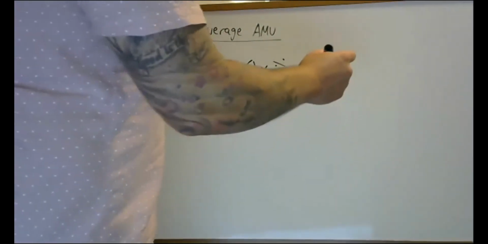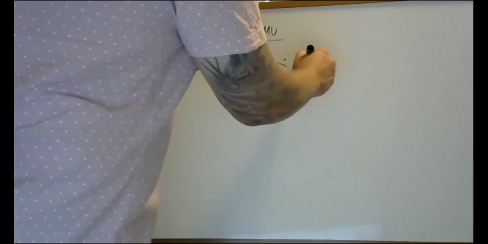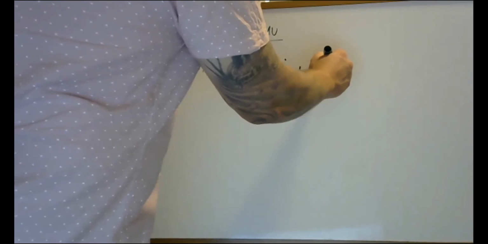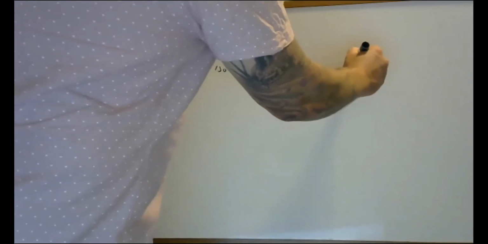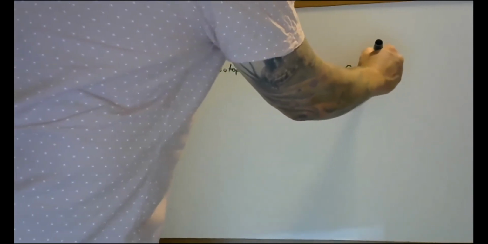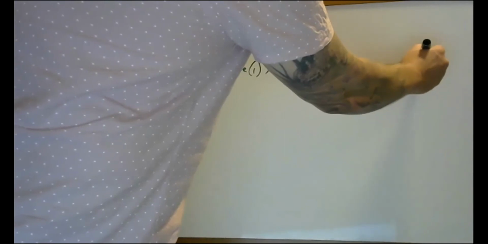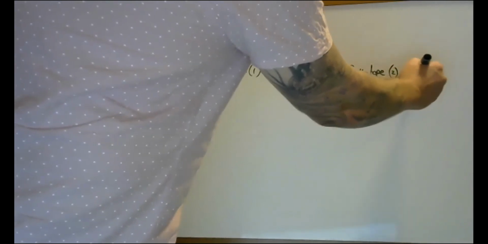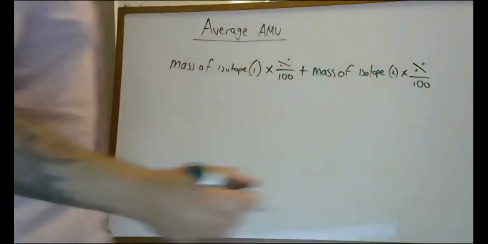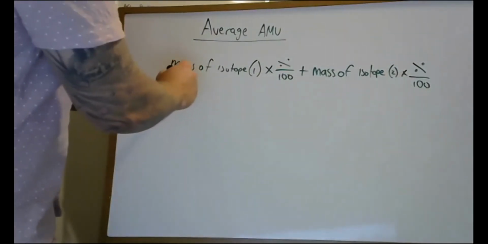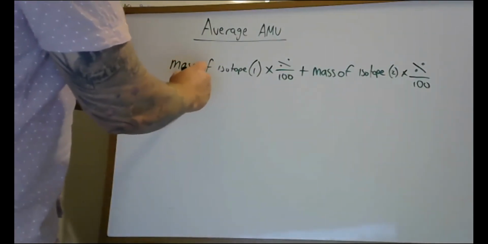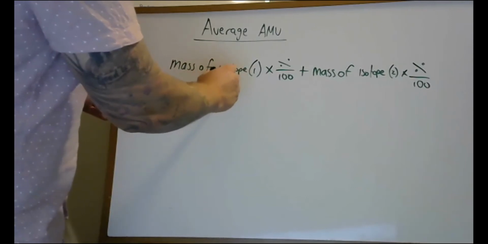Plus the mass of isotope 2 times, again, its relative abundance in percentage over 100 gives us the average AM unit.